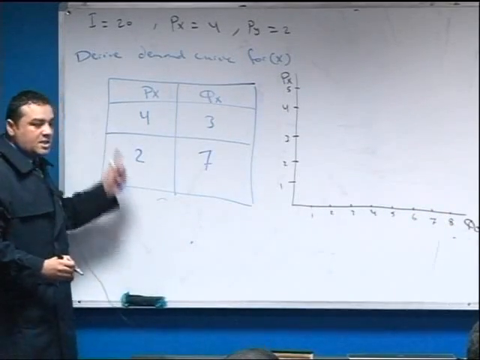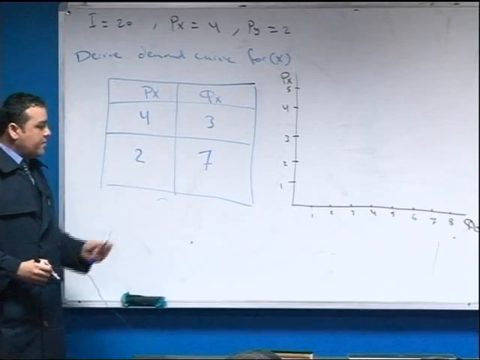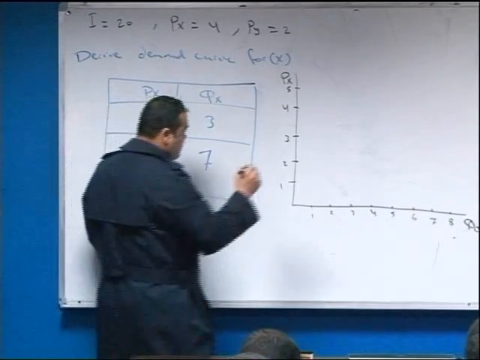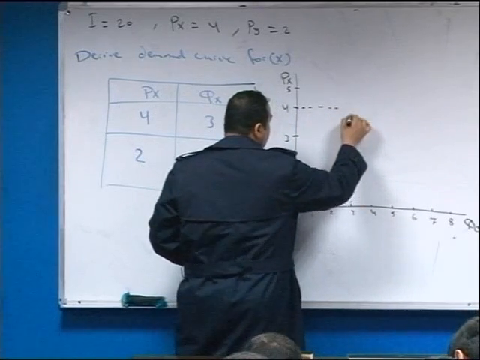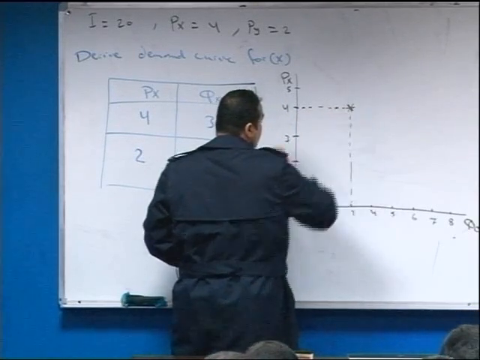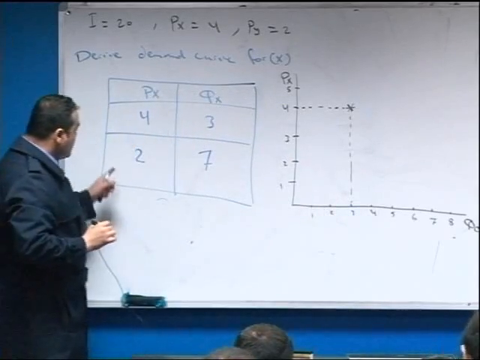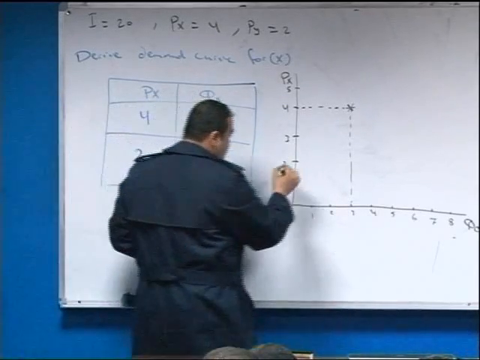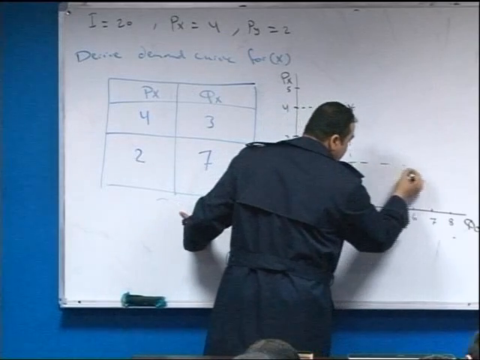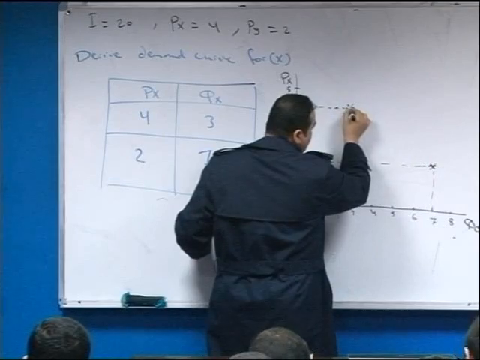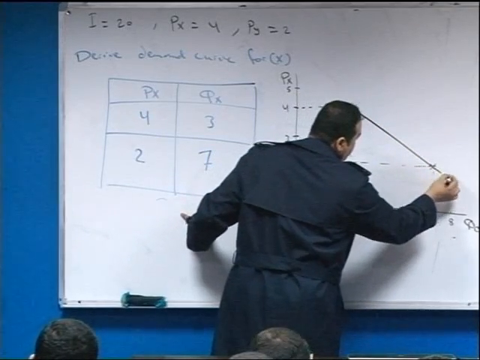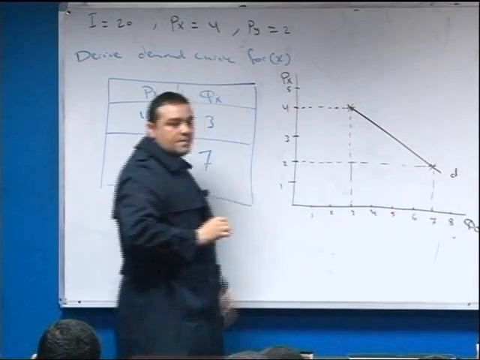When the price of X equals 4, the quantity demanded of X equals 3, and 2 and 7. This is the demand curve.